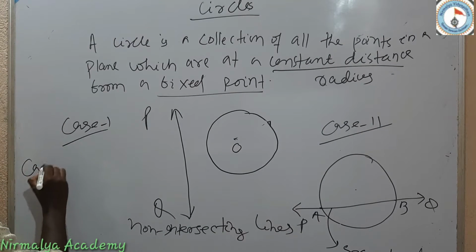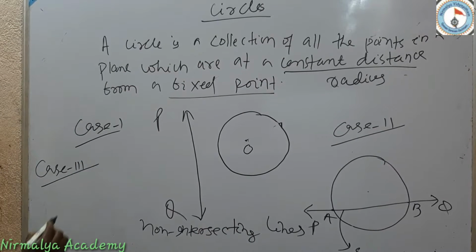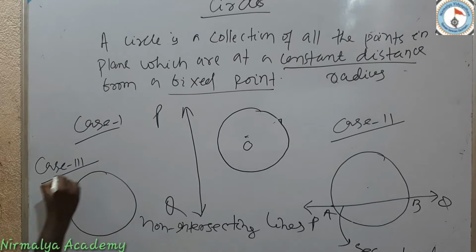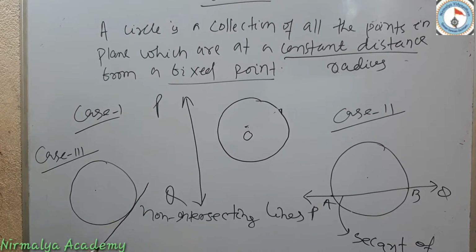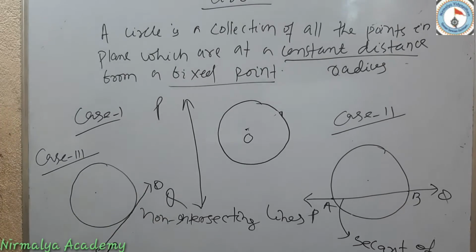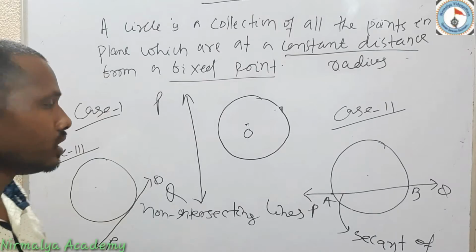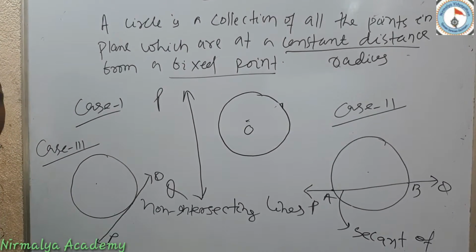Third case, case 3, when there is only one common point between the circle and the line segment. In this case, the line segment is known as tangent to circle. This is the tangent.